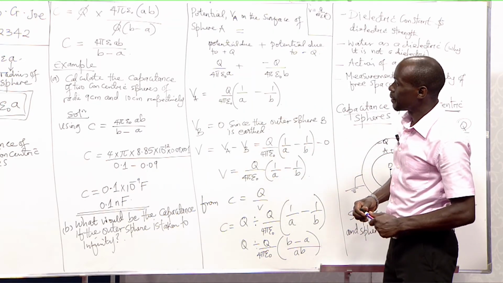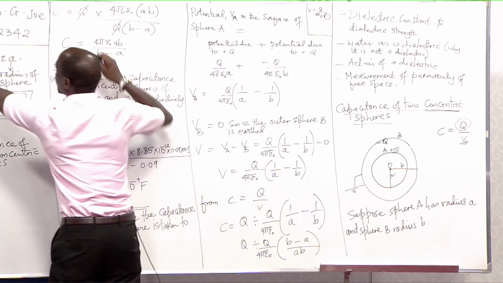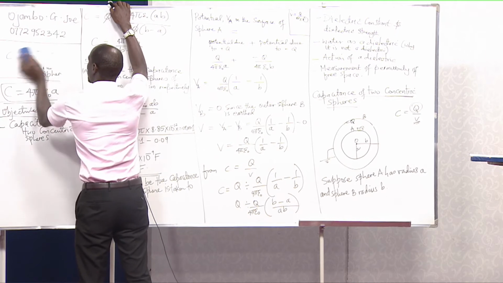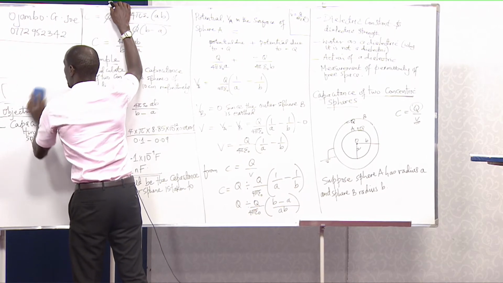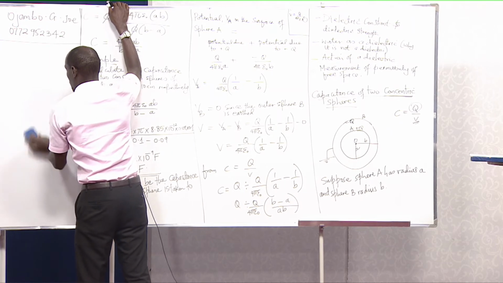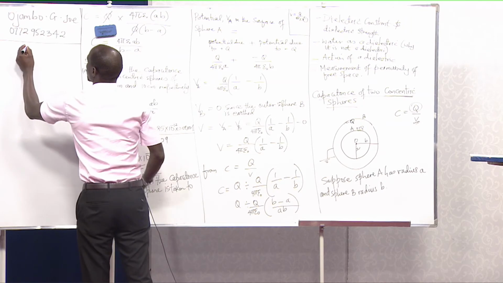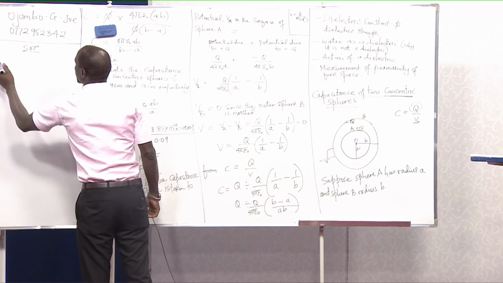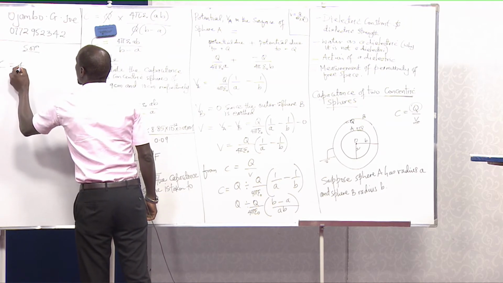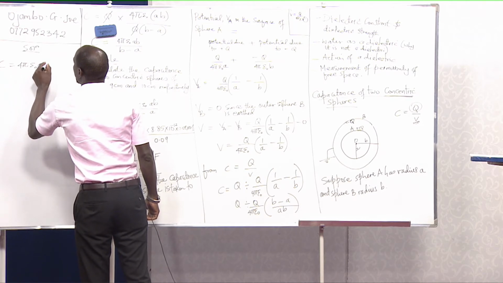And in doing that, we shall therefore say in our solution C is equal to 4 pi epsilon naught A.